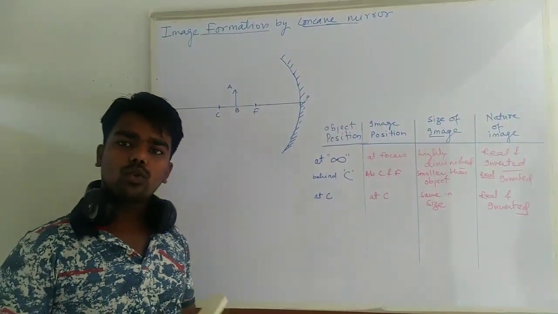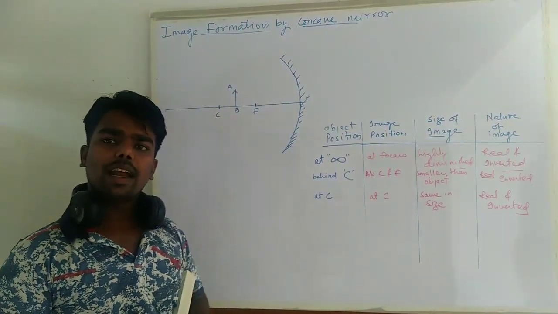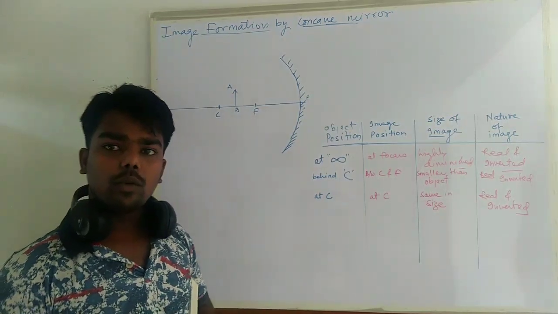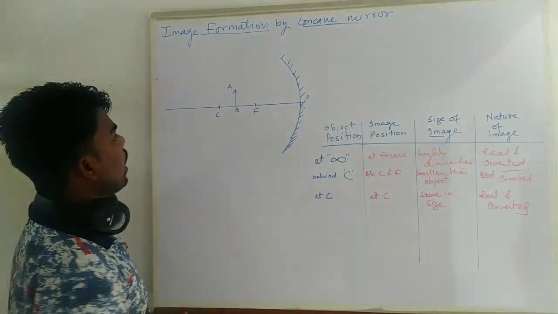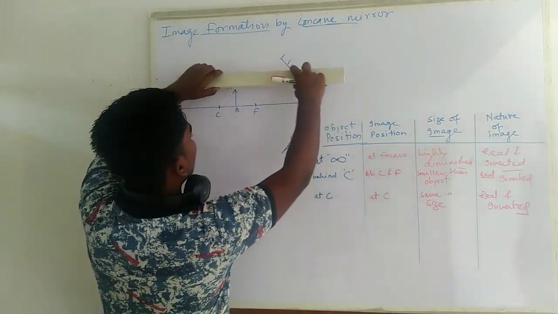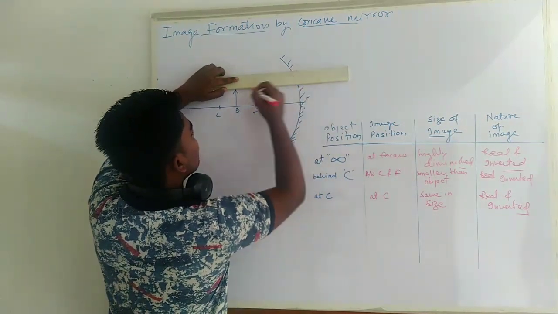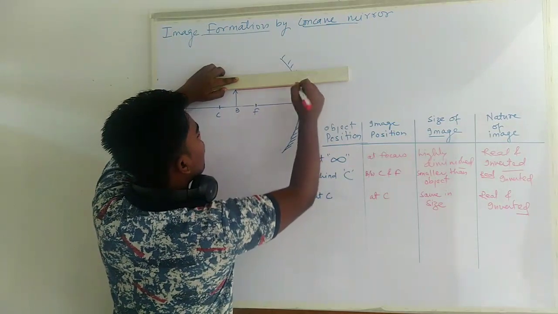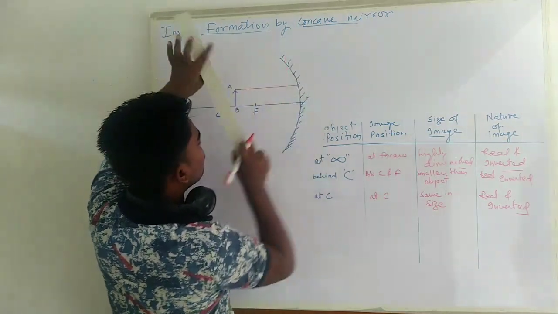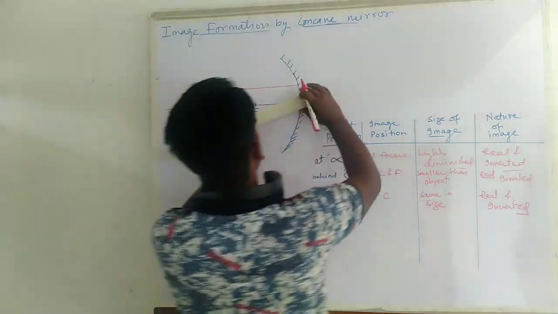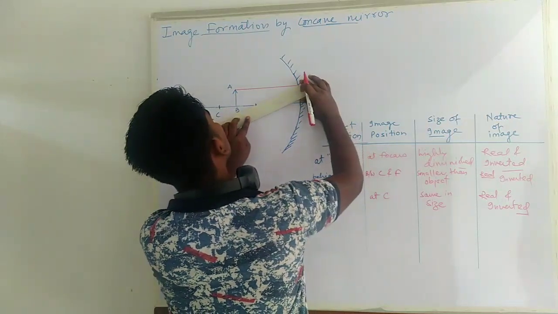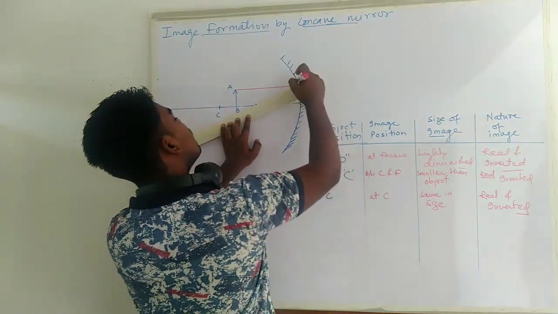So strictly again those two rules if you will follow, you can simply get the image where it is going to form. So now we will take the first light ray, which is incident parallel to the principal axis. After reflection it will go passing through the focus.